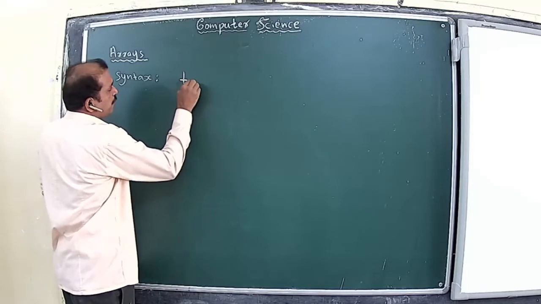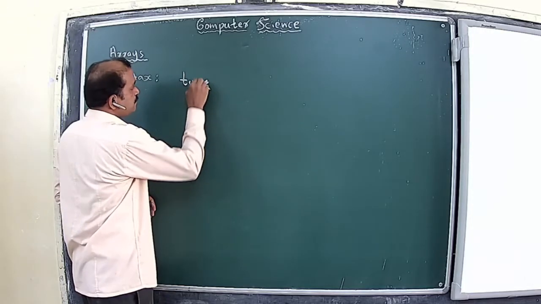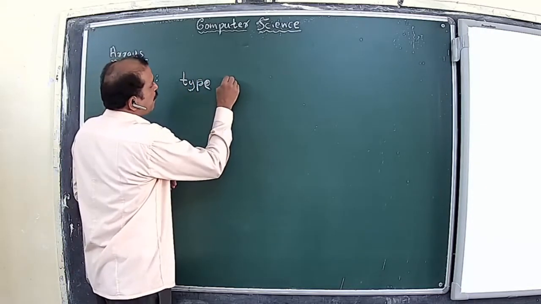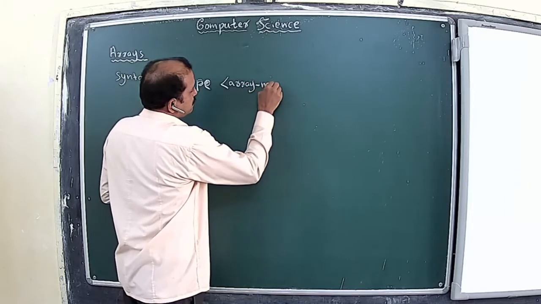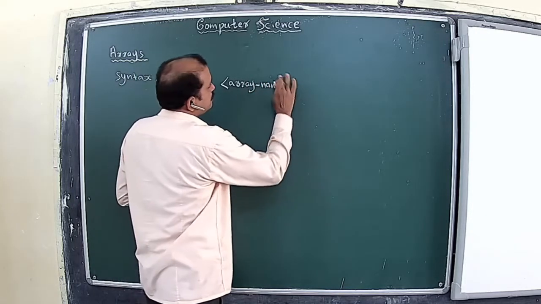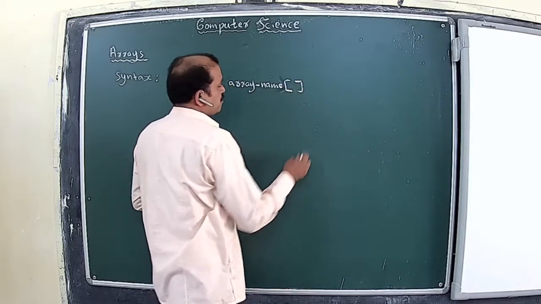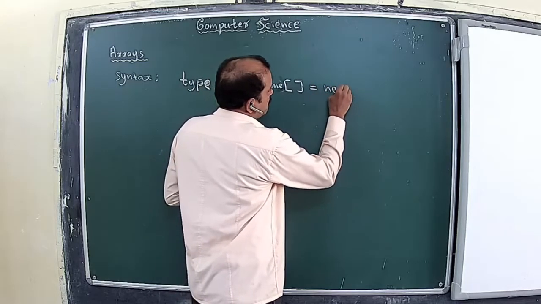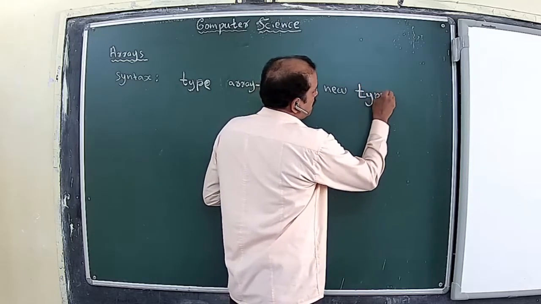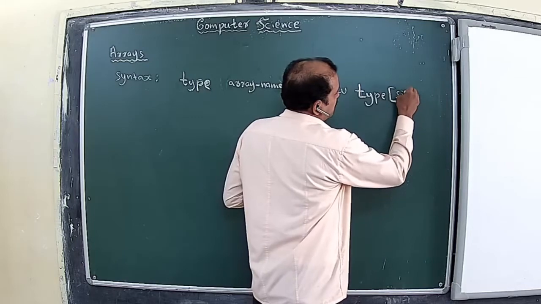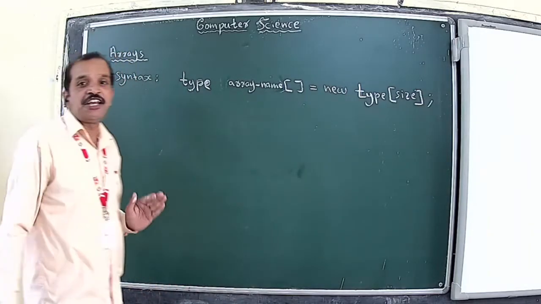First of all, you have to specify the data type, the type, followed by the array name and a square bracket combination, equal to new type and size. This is the syntax for declaring an array.